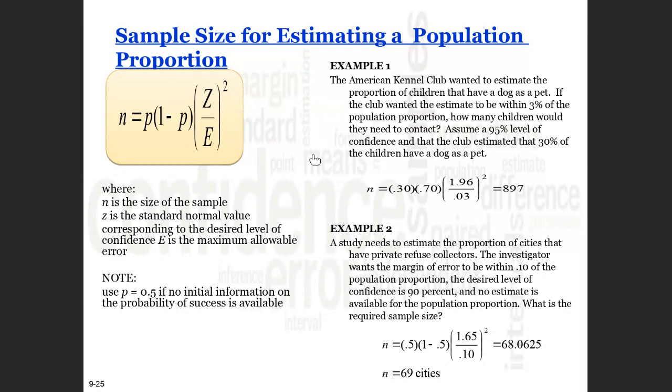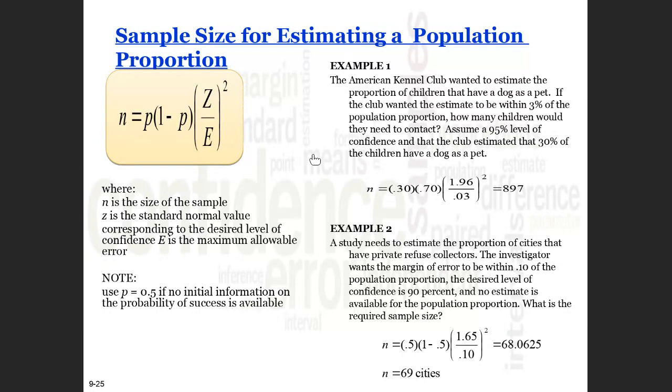So the formula is n, the size of the sample, z, again, the same standard normal value corresponding to the desired level of confidence, E is the maximum allowable error, and p, the proportion, is p times 1 minus p, okay? And this is important. Use p equals 0.5 if no initial information on the probability of success is available. Okay, just use that. The same as if you're using the standard deviation as 0.5 and you don't know what it is.